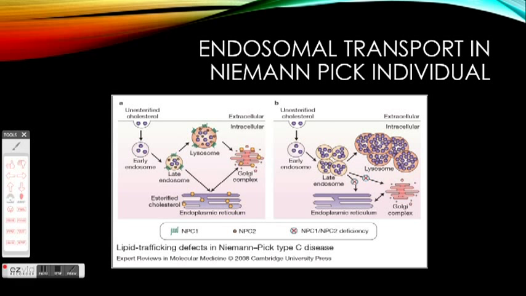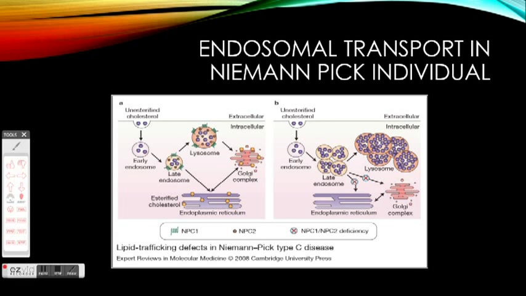In this diagram, it is observed that the unesterified cholesterol enters the early endosome, where it passes on to the late endosome. Here, unesterified cholesterol molecules are passed either to the lysosome or the endoplasmic reticulum.